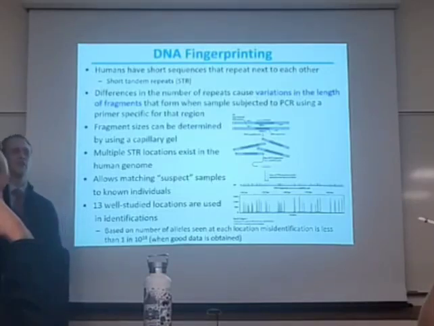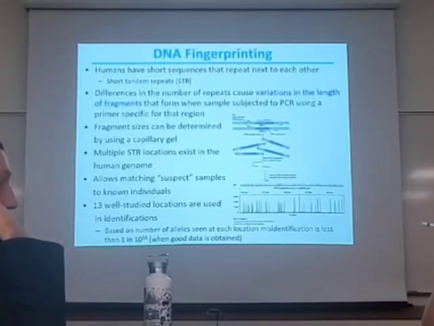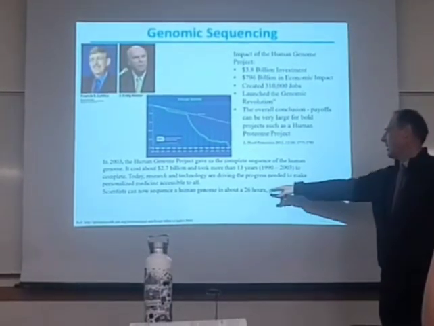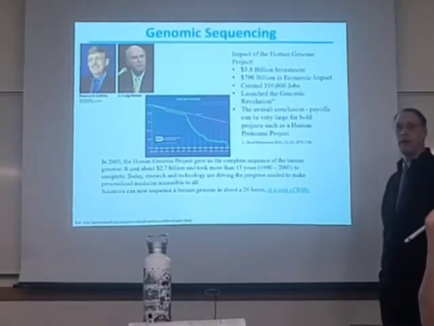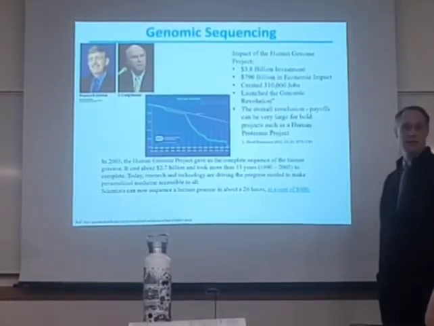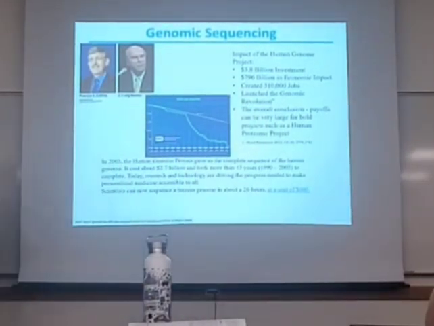Meaning, what are the statistical odds that I'm going to make a mismatch and say you're the guilty one and you go to jail? Very low. Scientists can now get it at 26 hours and $600. That was the target. That's what we wanted. Do it in a day, do it for under $1,000.